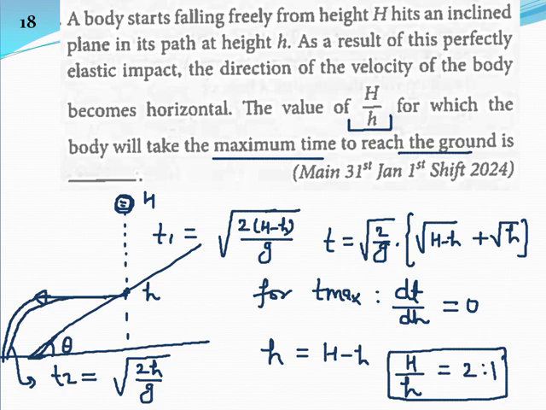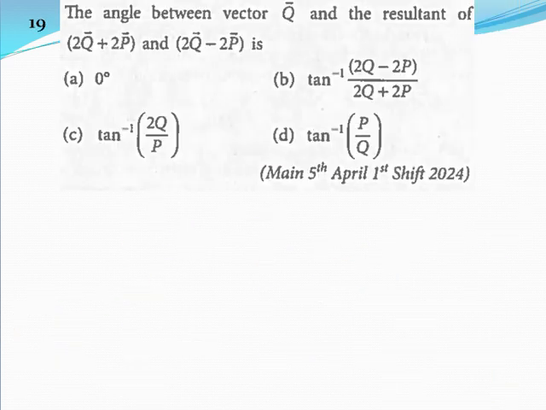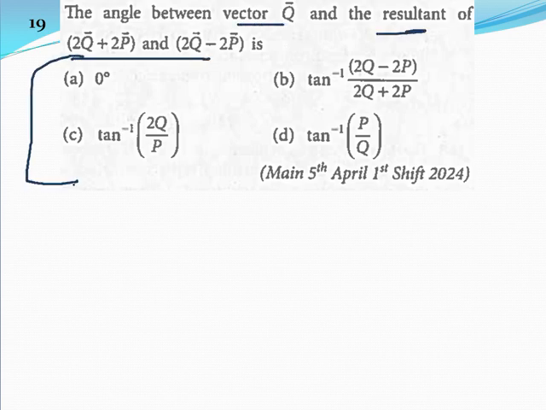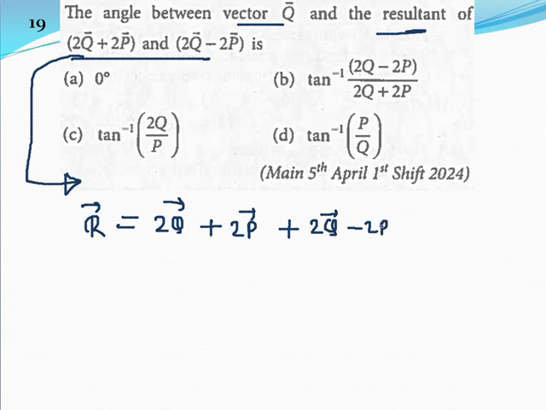Now let us come to question number 19. Angle between vector q and the resultant of these two. First I'll calculate the resultant of these two. Adding these values, 2q plus 2p, and 2q minus 2p.